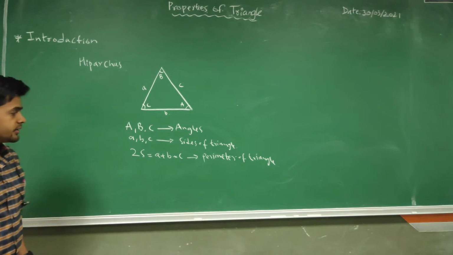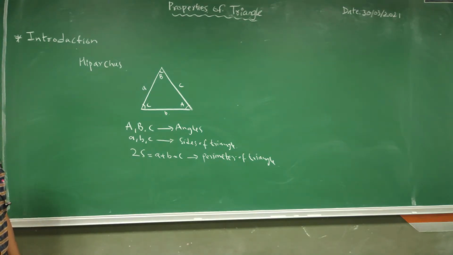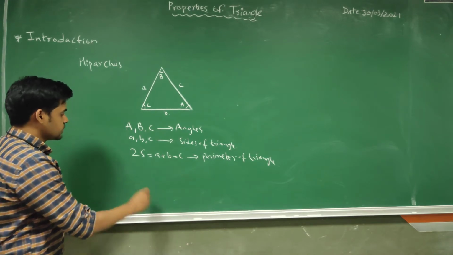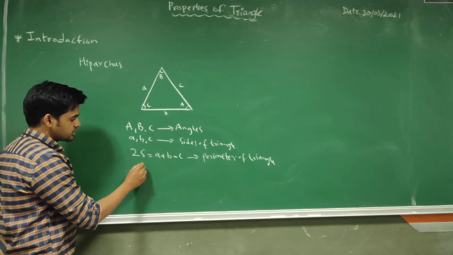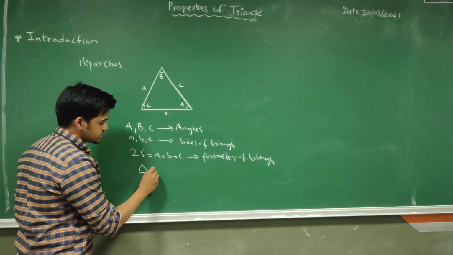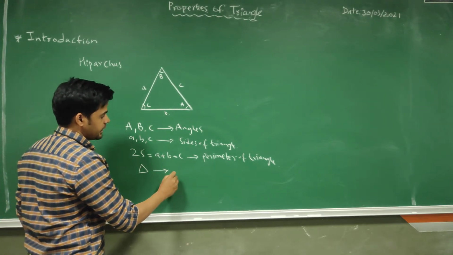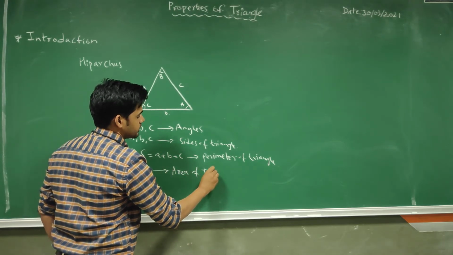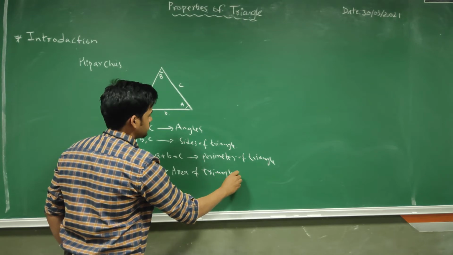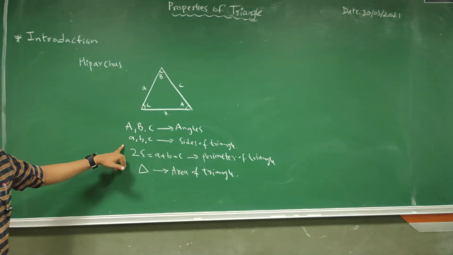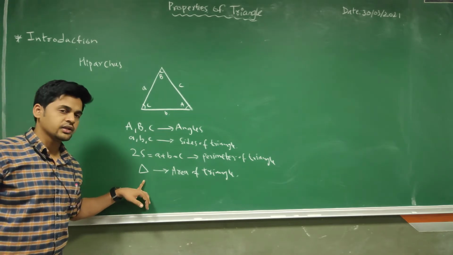After this we use one symbol that is called delta. We use this symbol for the area of the triangle. So here we have angles, sides, perimeter, and area of triangle.